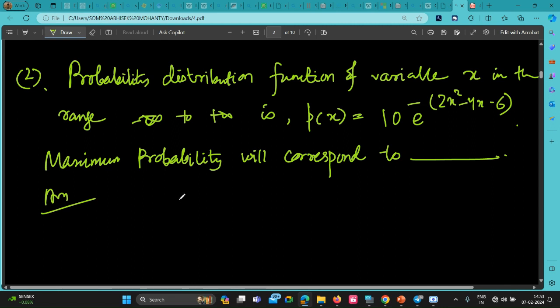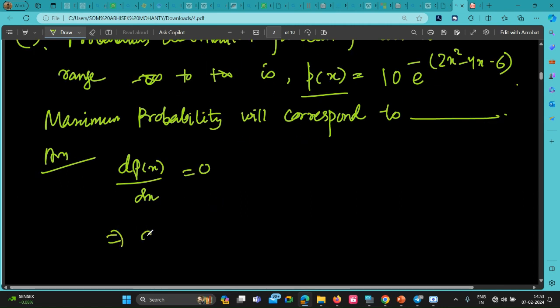Okay. Simple thing. Probability is given. So maximum probability, that means we have to just take the derivative of probability and equate it to 0. So dp(x) by dx is equal to 0. So d by dx of 10 e to the power minus 2x square minus 4x minus 6 is equal to 0.